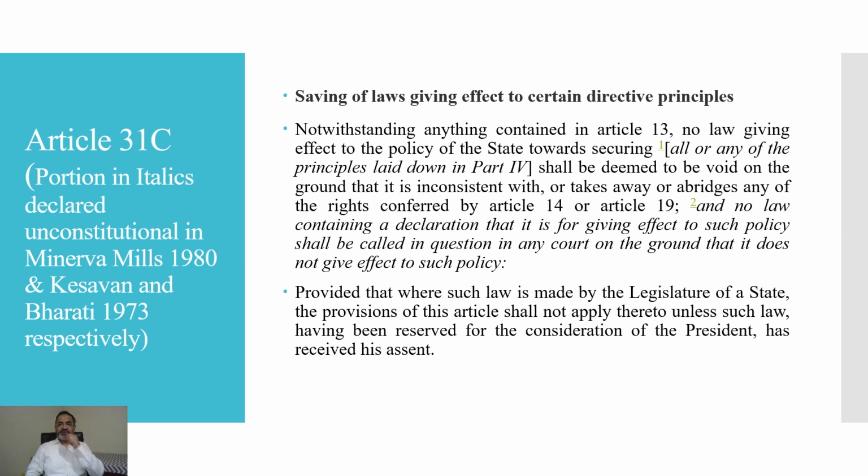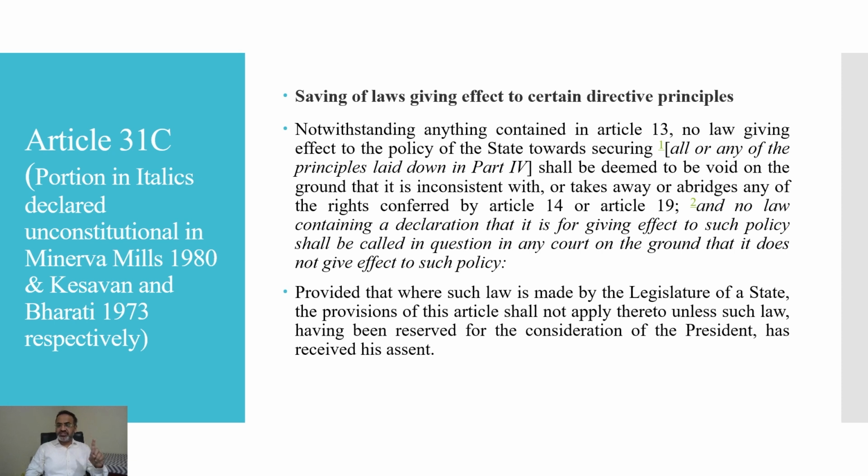That is primarily to ensure that if there is a legislation meant to ensure that there is no concentration of wealth in the hands of few, that the material resources of the community are so distributed so as to subserve the common good, there should not be a challenge to that legislation on the ground of Article 14 and 19, resulting in a declaration of unconstitutionality by the court.